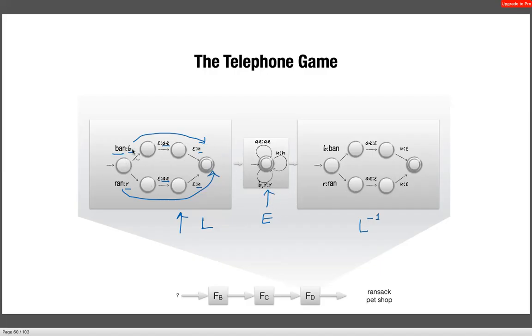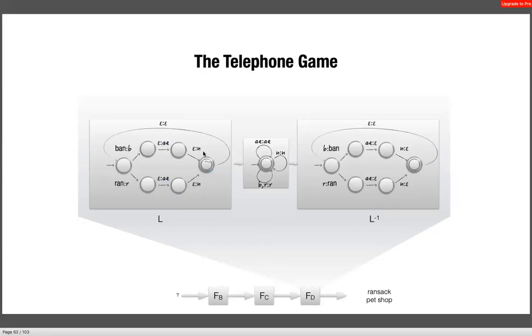I have an error model, so it's going to modify all of these phone sequences with every error that was possible according to E. And then I'm going to map this back to valid words. Then it's going to eliminate all those specific phone sequences that do not correspond to a particular word. So this is L, E, and L inverse.